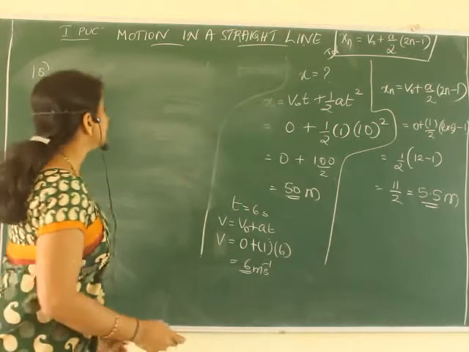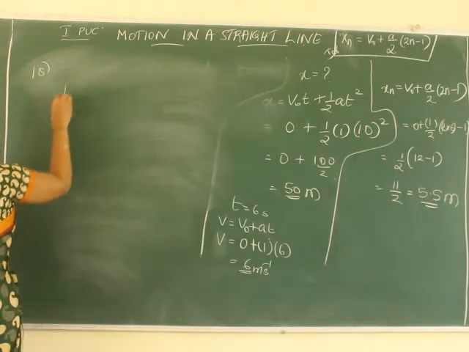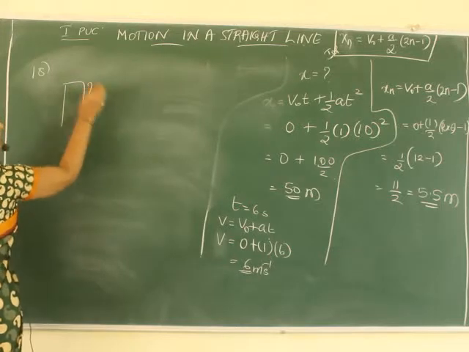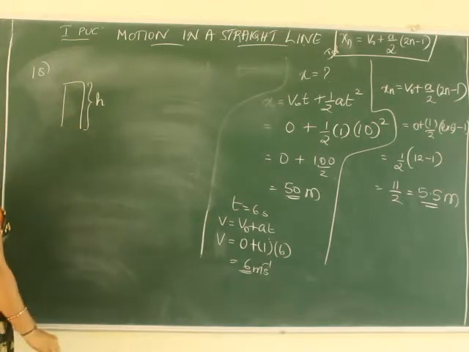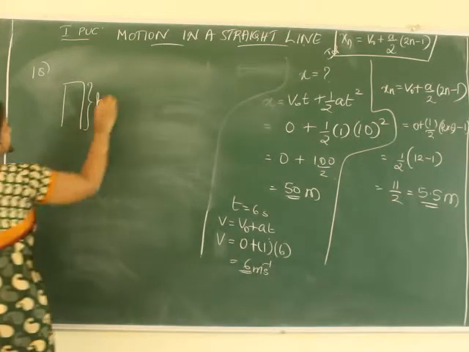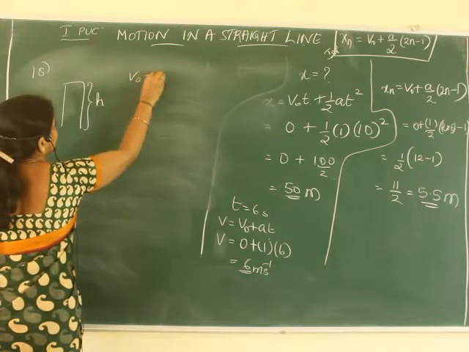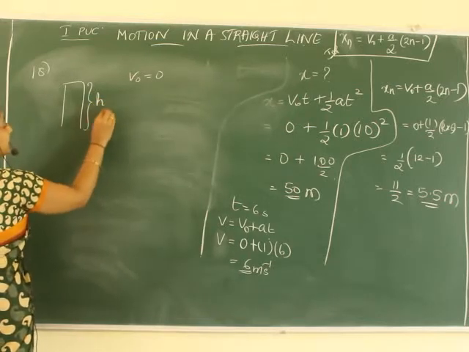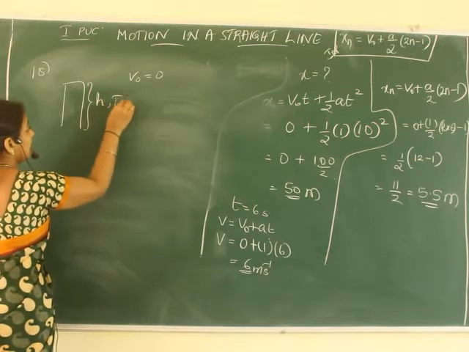A ball is released from a height. What is the height of the tower? H meter. Correct? Initial velocity is equal to 0 because it is starting from rest. Time taken to reach the ground is t seconds.